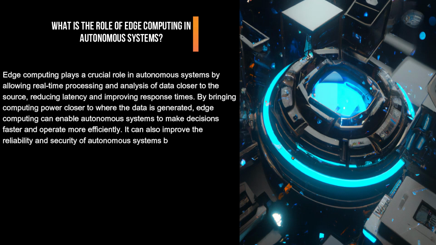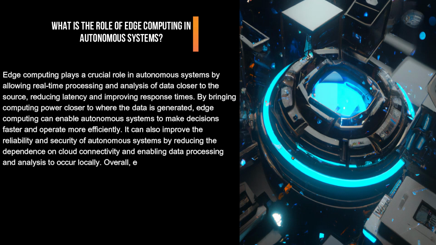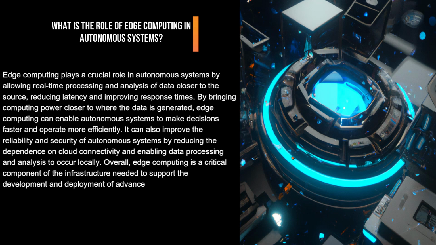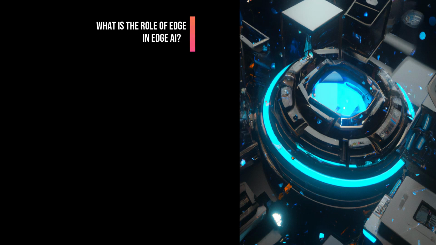It can also improve the reliability and security of autonomous systems by reducing the dependence on cloud connectivity and enabling data processing and analysis to occur locally. Overall, edge computing is a critical component of the infrastructure needed to support the development and deployment of advanced autonomous systems.